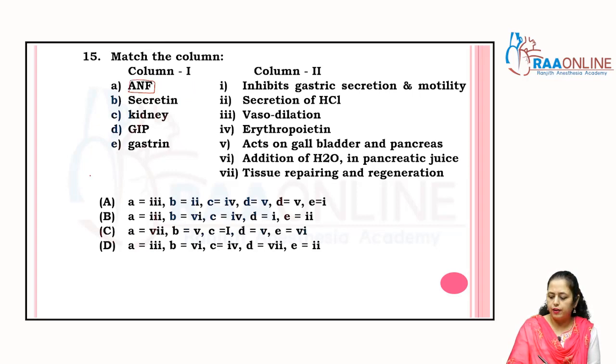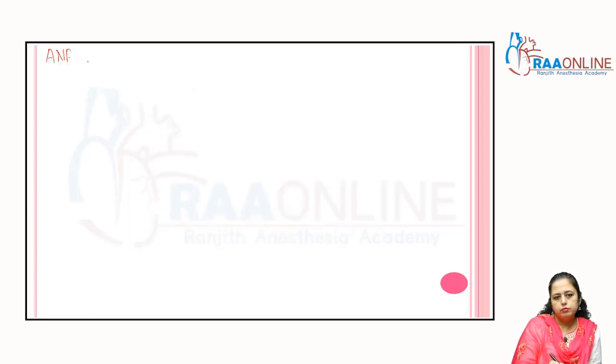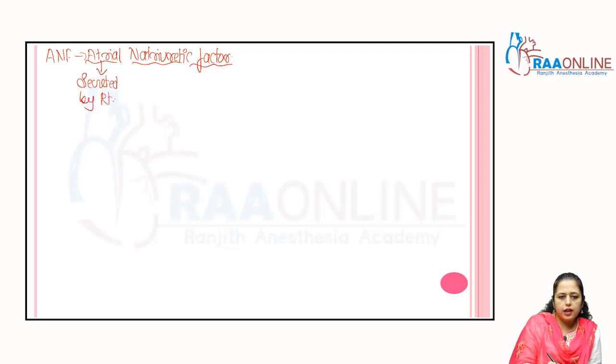Atrial natriuretic factor is secreted by the right atrial myocardium of the heart. That's why it is called the atrial natriuretic factor.